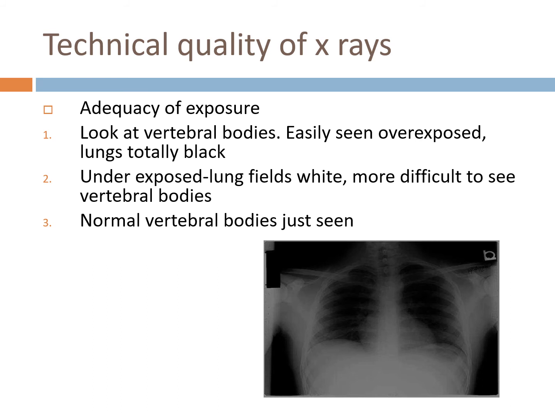But things that you're looking at are, you want to make sure that you can see the vertebral bodies. They're easily seen if it's overexposed, because then your lungs are totally black in contrast. Underexposed, then the lung fields look more white, and then it's more difficult to differentiate between the vertebral bodies and the whiteness of the underexposed film. So you want to make sure you can identify those.